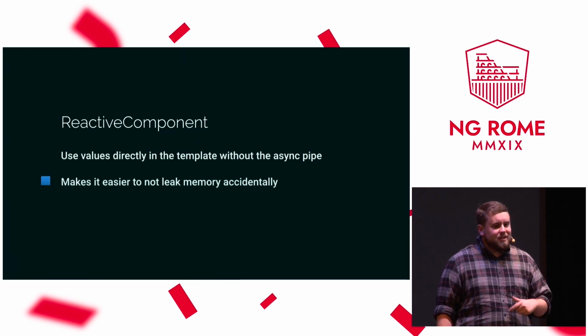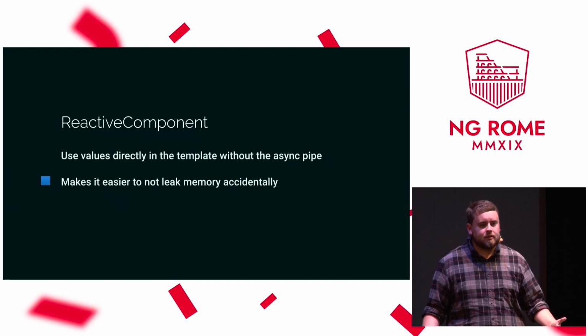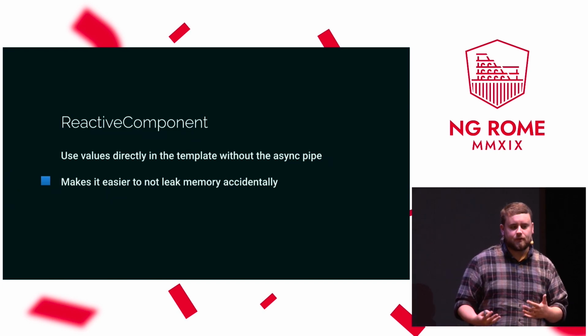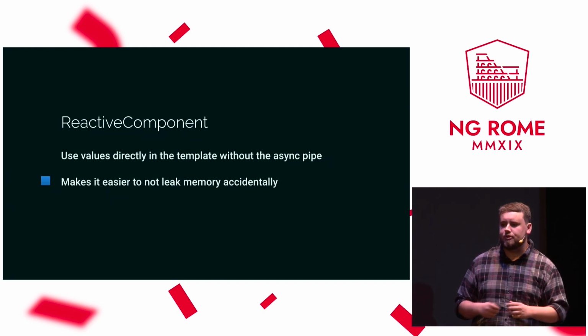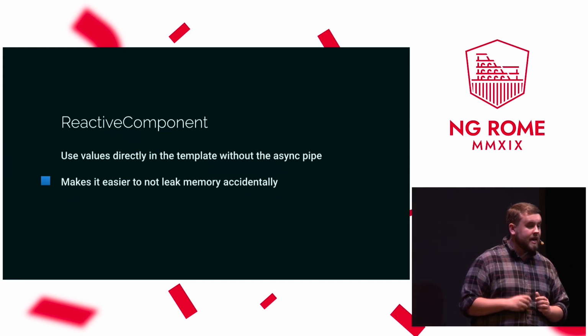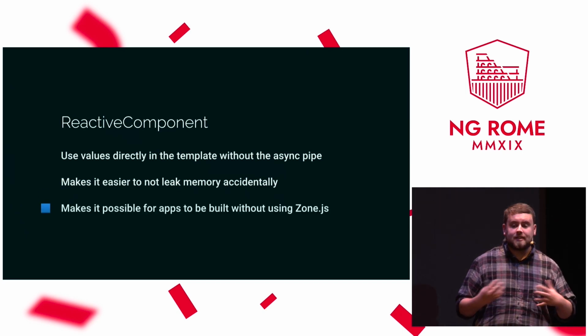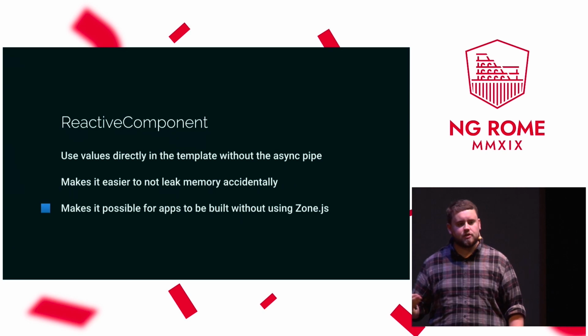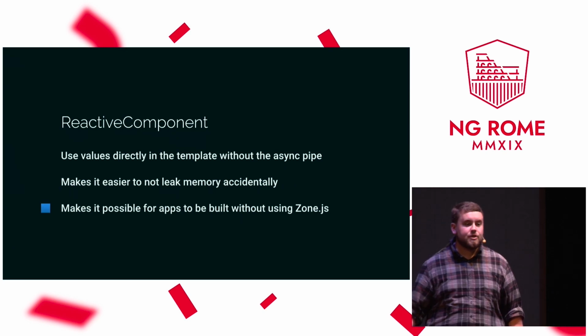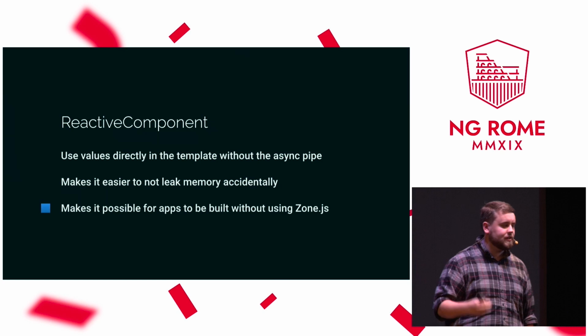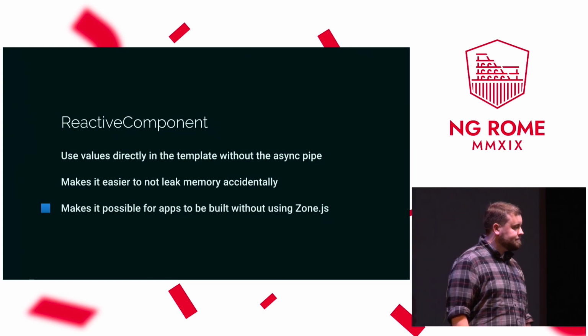We've also made sure that developers aren't accidentally leaking memory. Reactive component manages subscriptions for you and automatically tears them down when your component gets destroyed. And we've made it possible to build entire Angular applications without Zone.js by relying on the fact that we use observables to track state changes in our Angular applications.